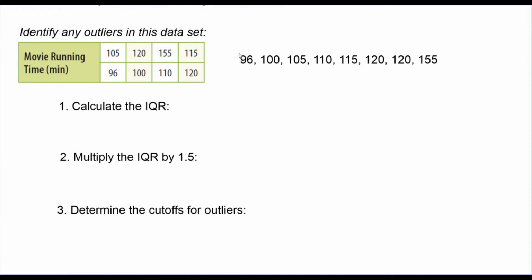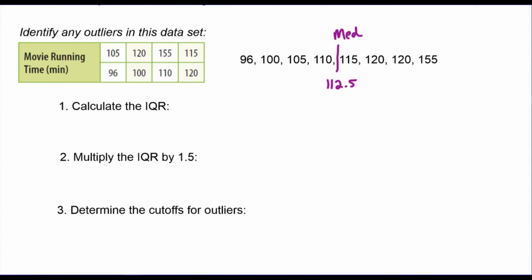So let's take a look at an example of how to calculate whether we have an outlier or not. In this table, we have the running times of 8 movies in minutes, and I have them arranged in order from least to greatest here so that we can find our IQR. The first thing we need to do is figure out what our IQR is. So I'm going to have to find my median, and that is right here. My median is 112.5 minutes.